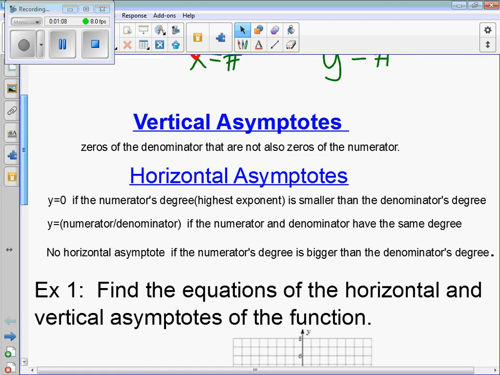Horizontal asymptotes: if the numerator's degree, the highest exponent, is smaller than the denominator's degree, the horizontal asymptote is always at y equals 0. If the numerator and denominator have the exact same degree, then the horizontal asymptote is the numerator's coefficient divided by the denominator's coefficient.